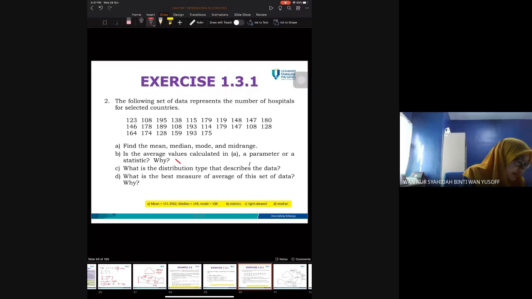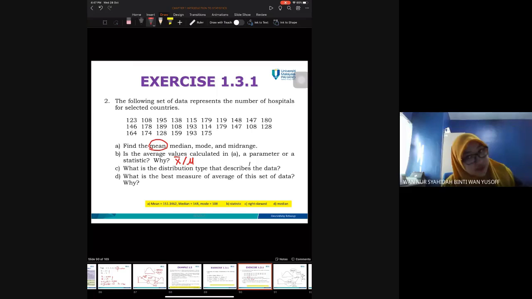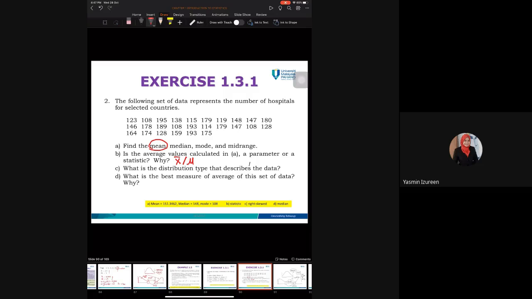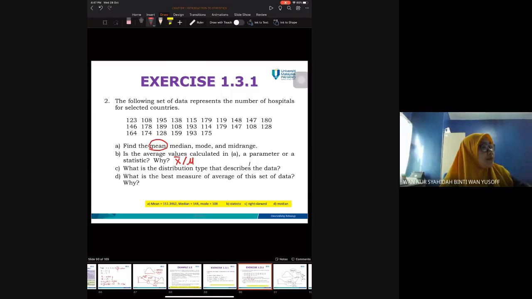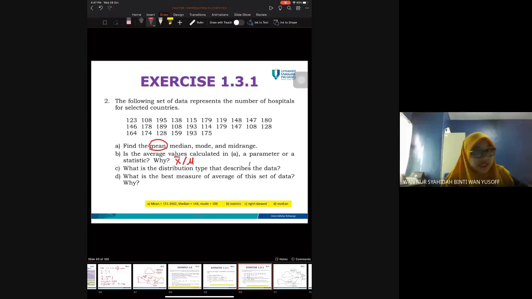So you have X bar or mu for the mean here. It is a statistic, which is X bar. Why statistic? Because it stated the number of hospitals selected for selected countries.